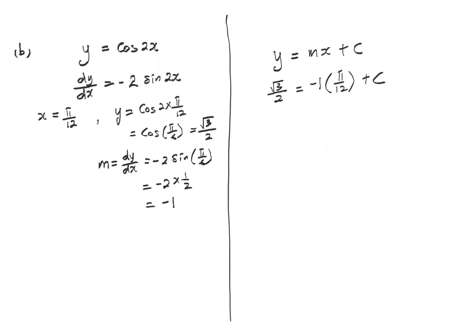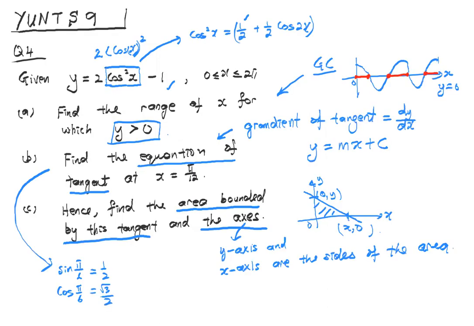Why do I just use y equal to cos 2x? Because the question gives me 2 cos square x minus 1. So I can replace the 2 cos square x minus 1 with this.